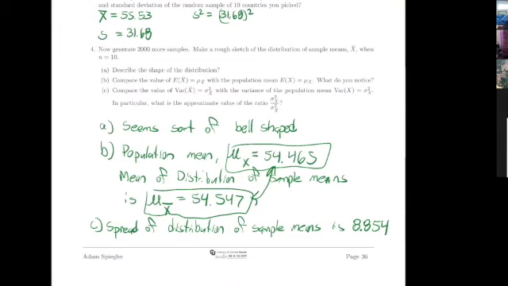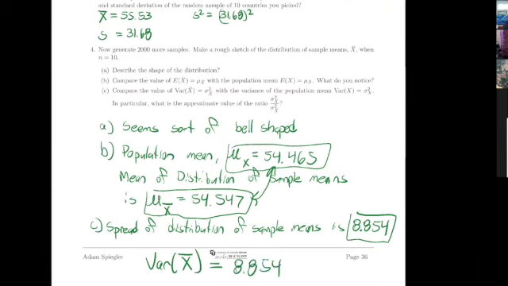Comparing that to the sampling distribution that we created online, that had a spread of 8.854. So the variance of this would be this 8.854 squared.